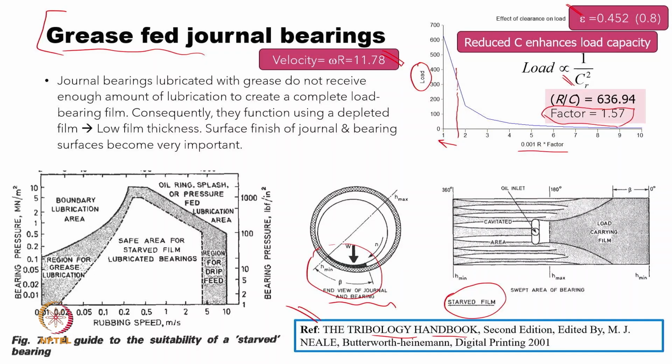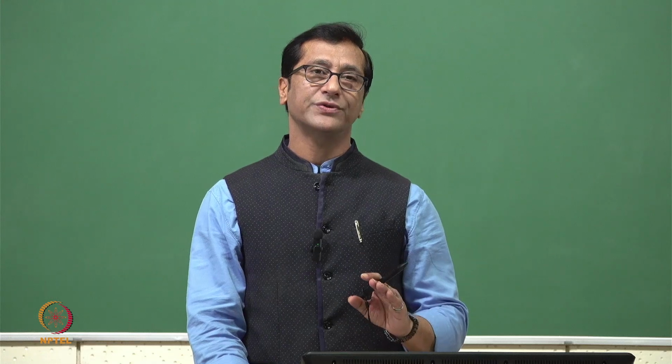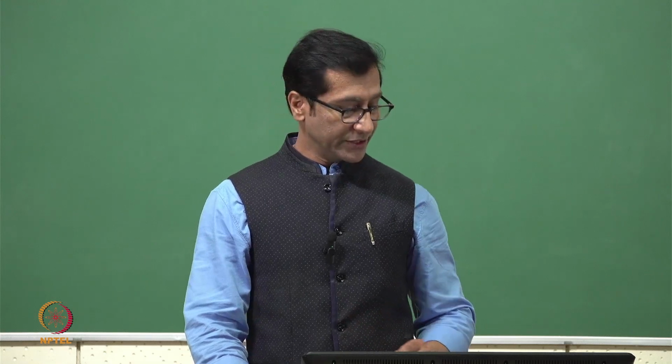There's a possibility that eccentricity will increase in this case, but in this situation also we need to maintain the surface finish of journal and bearing. Otherwise, there will be more and more asperity contact and the coefficient of friction will increase. If we want to maintain a low coefficient of friction, then again we need to revert back to hydrodynamic lubrication.